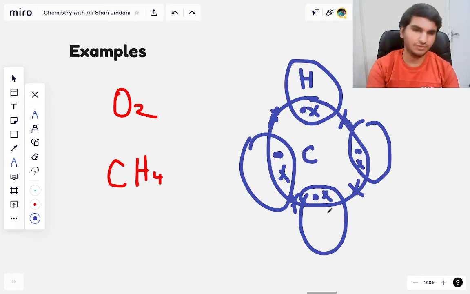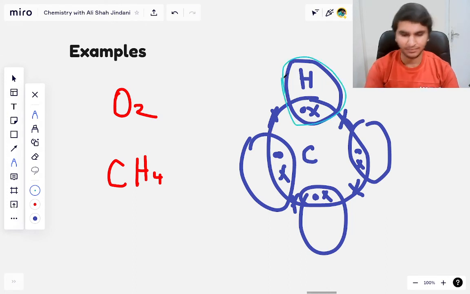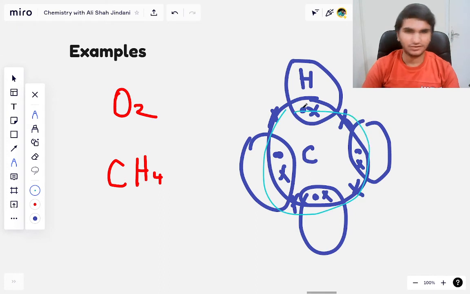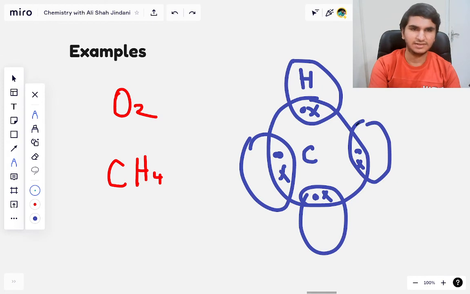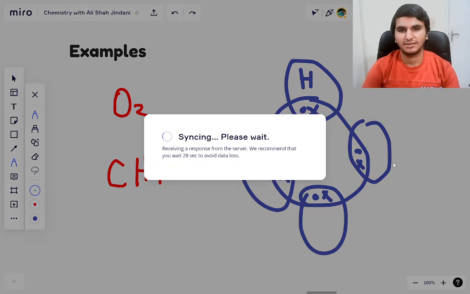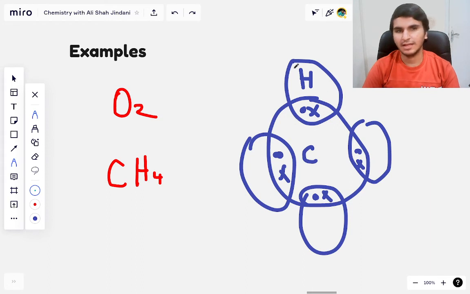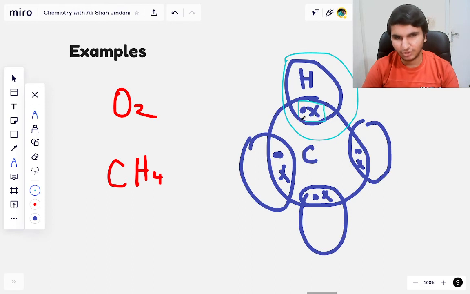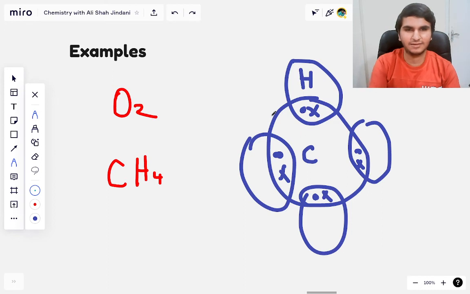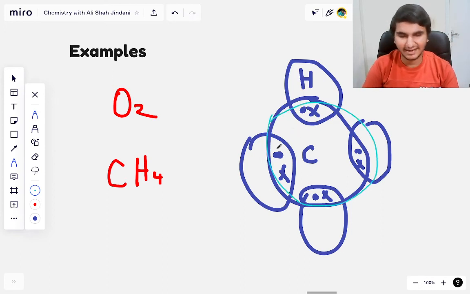We don't have 1 more in hydrogen because hydrogen already has 1, and it gives away that electron in sharing. So you can see all the hydrogens are having exactly 2 electrons, while the carbon, there is only 1 carbon, and it is having 8 electrons in total.